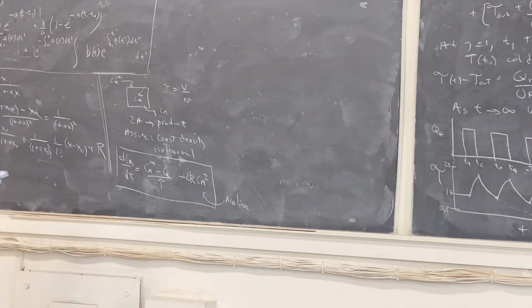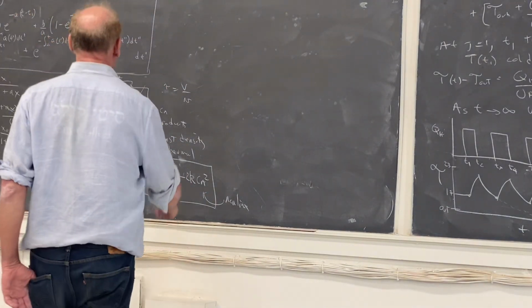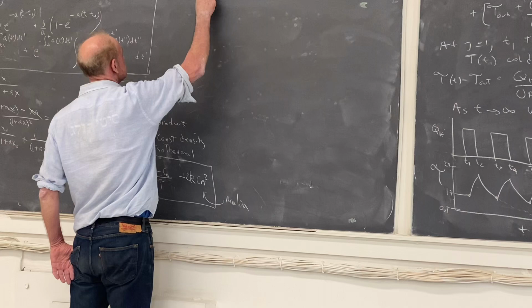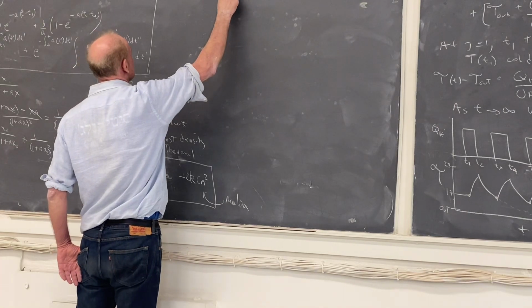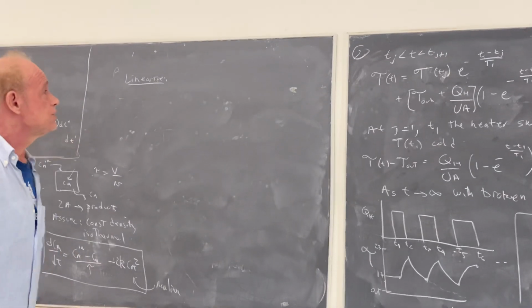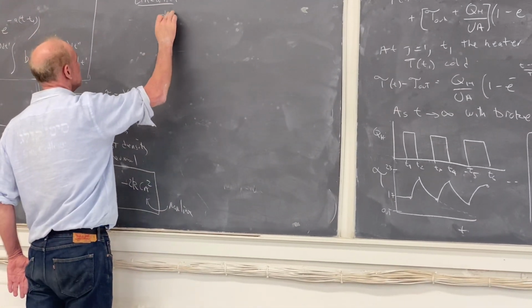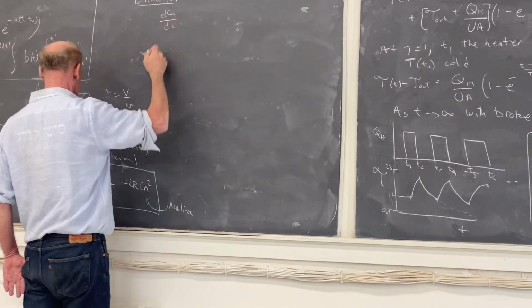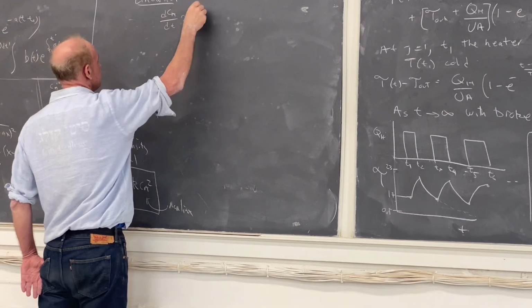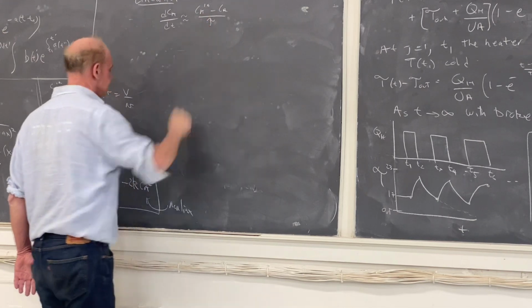But I know how to write CA squared. We did it over there. So I can linearize the equation. So let's linearize the equation. So this tells me dCA/dt is about equal to CA in minus CA over tau.